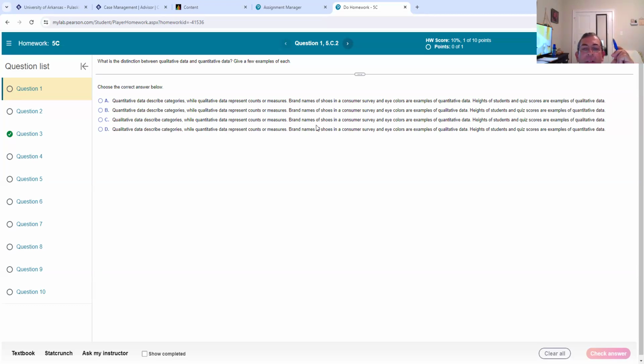All right, so then it says brand names of shoes and eye colors are examples of quantitative. Heights of students and quiz scores are examples of qualitative data. So would we go with C or would we go with D? The difference is on D, they're saying brand names of shoes and eye colors are qualitative, while the heights and the quiz scores are quantitative. So y'all chat me your answer. Would y'all go with C or D?